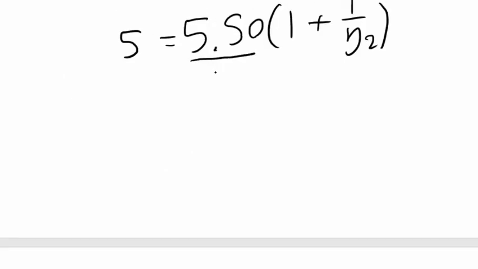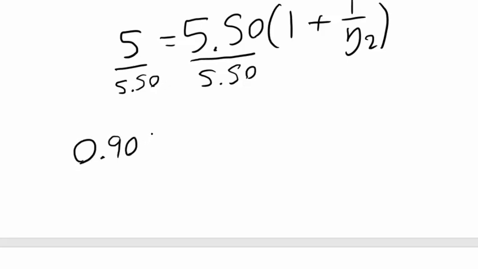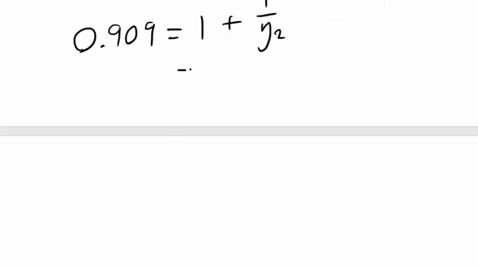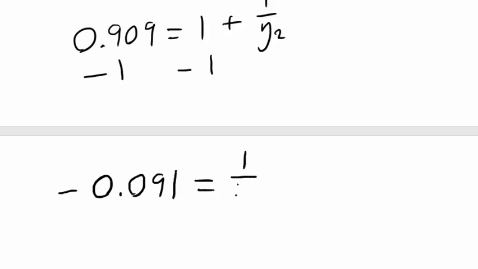So if we divide both sides by 5.50, we're then left with 0.909 equals 1 plus 1 over the elasticity of 2. And if we were to subtract 1 from both sides, we would be left with negative 0.091, and that would be equal to 1 over the elasticity of 2.